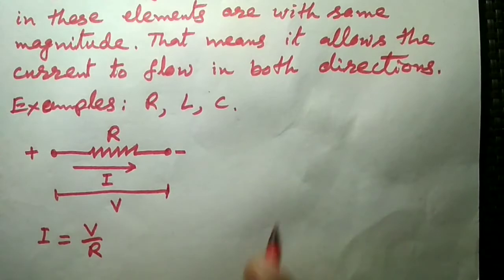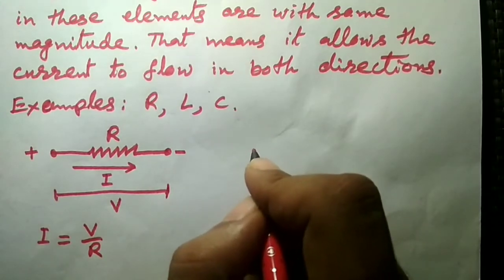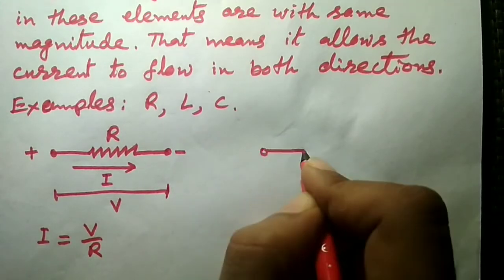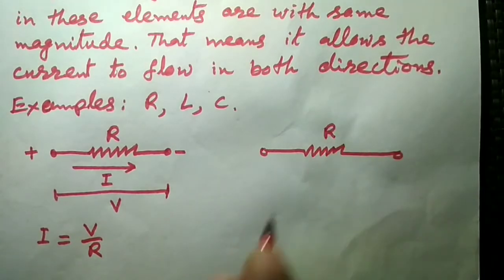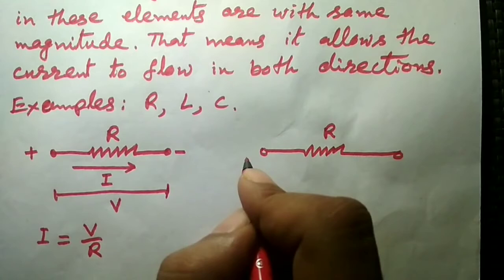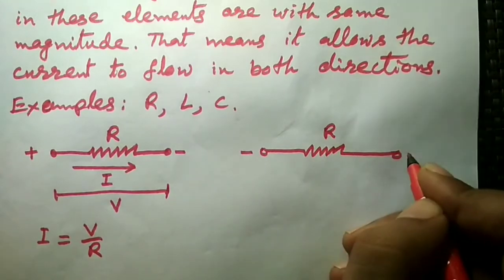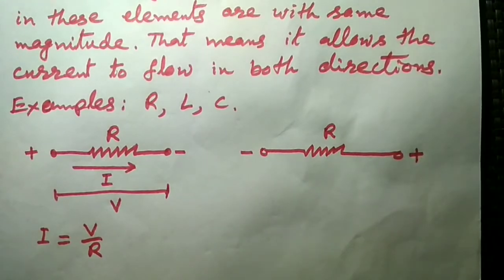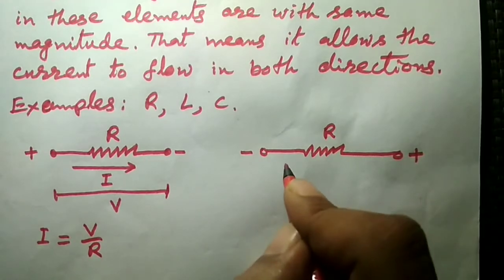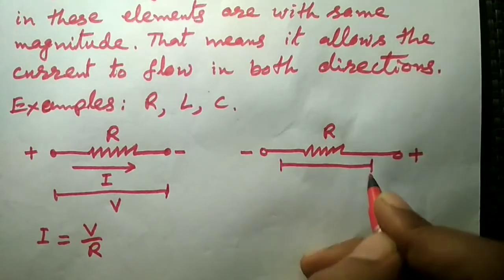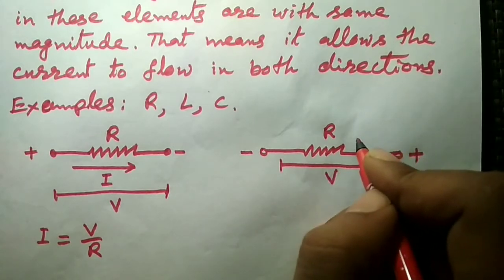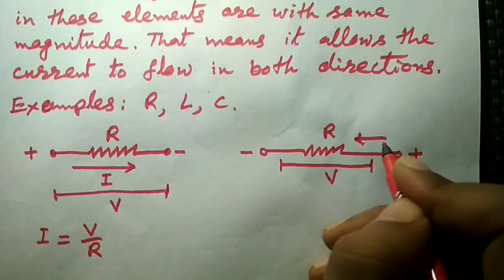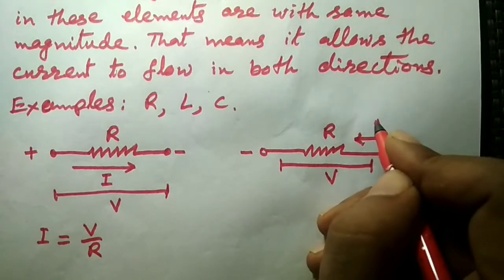Now take the second example. The same resistor, but in this case the polarity across the resistor is changed. Again the voltage across the resistor is V. So in this case we will see that the current will flow from right to left.